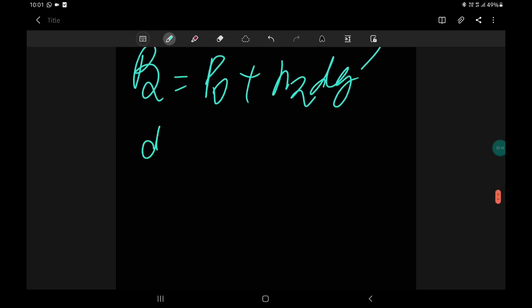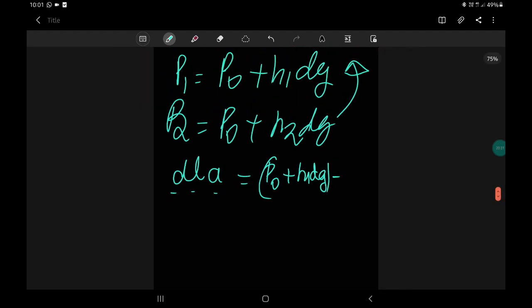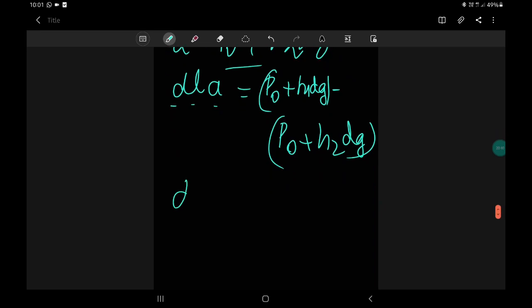So what will you get? dLA. What is d? Density. L is the difference between 2 points. A is the acceleration. It is equal to P1, you can write P naught plus h1dg, minus the P2 term. So in P2 you should write this part, P naught plus h2dg. Okay, so P naught again gets cancelled.